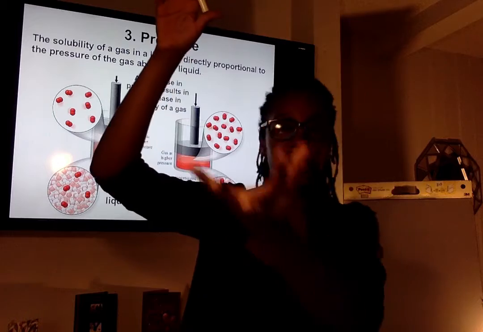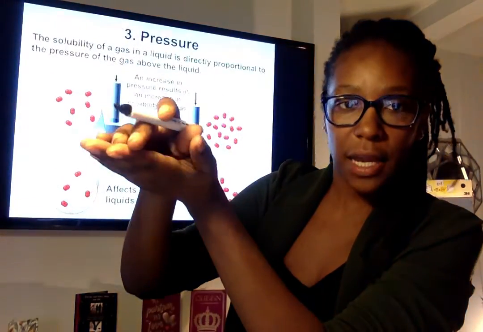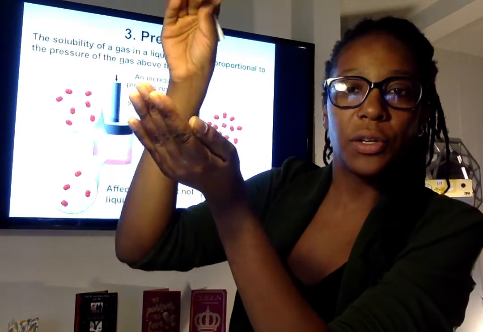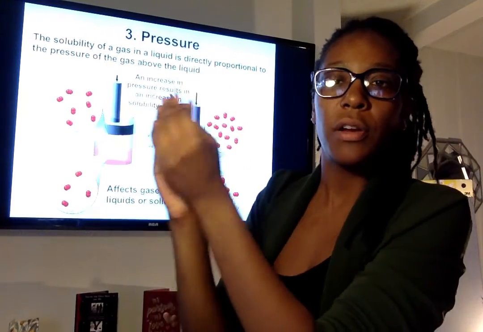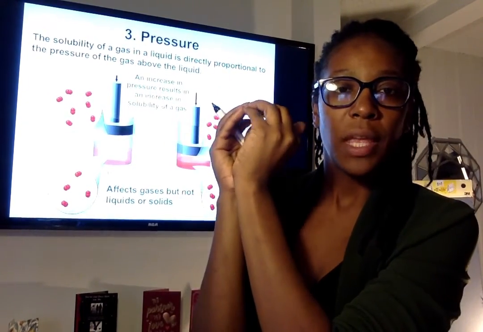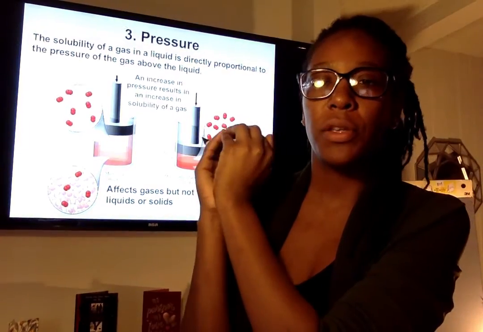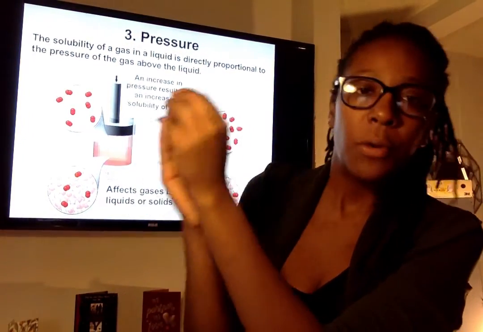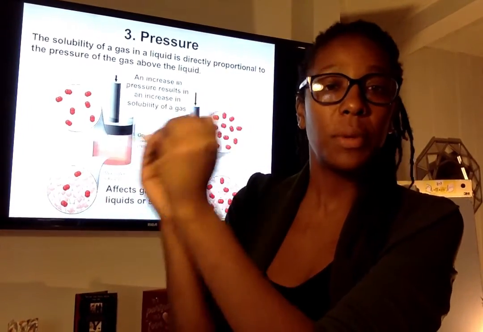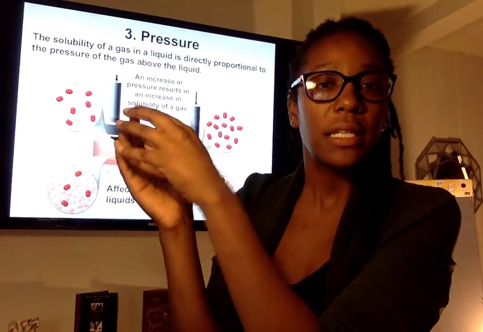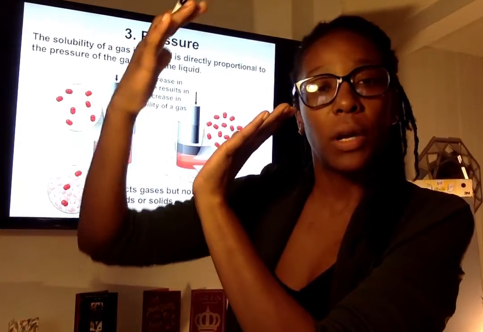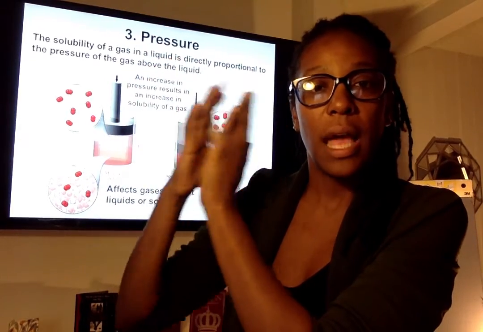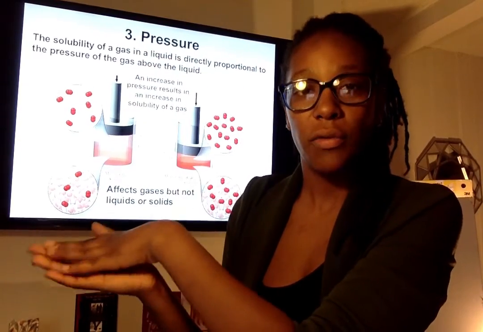But if you put pressure on that container, that decreases the amount of space between the particles, which increases the concentration of those molecules in that small space, which allows for a higher solubility in that solution, because you're able to create more connections between the gas particles and the solvent, right?